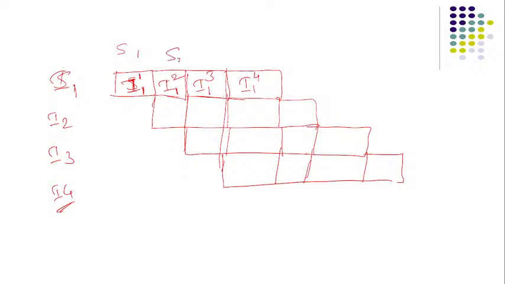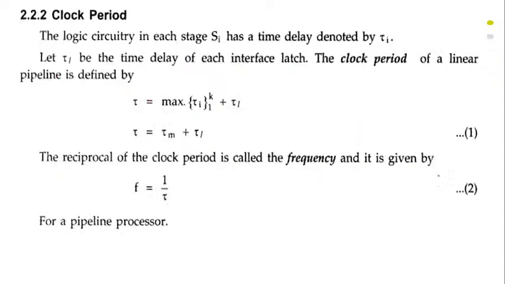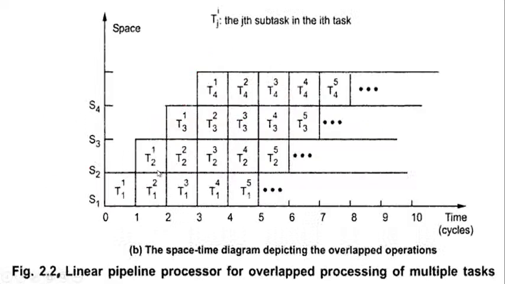If there are 4 stages, S1, S2, S3, S4, what happens is the second instruction enters in the second clock pulse.